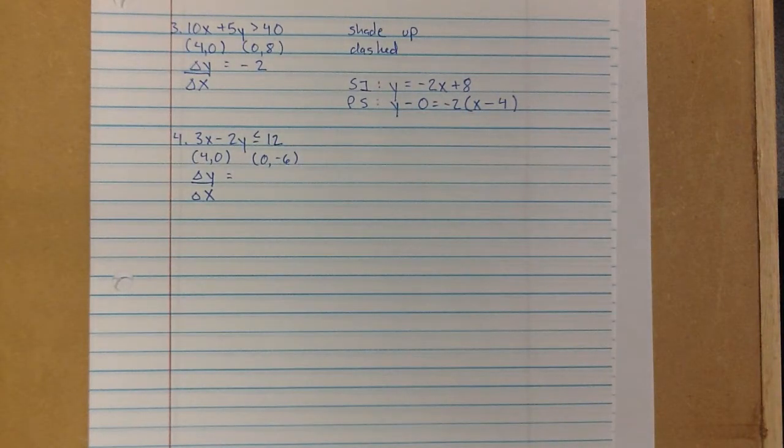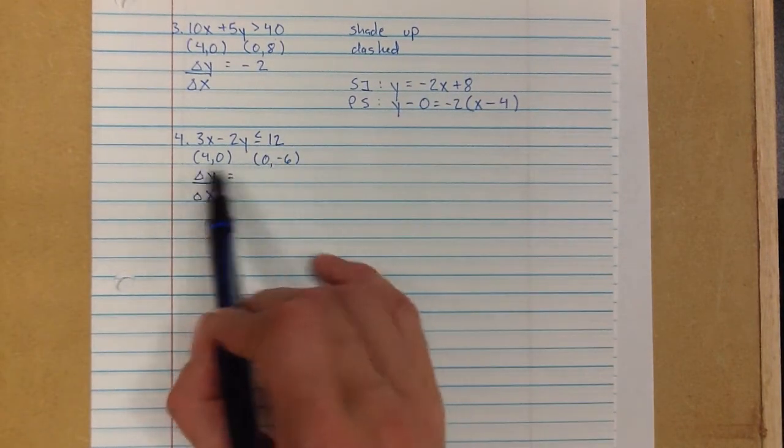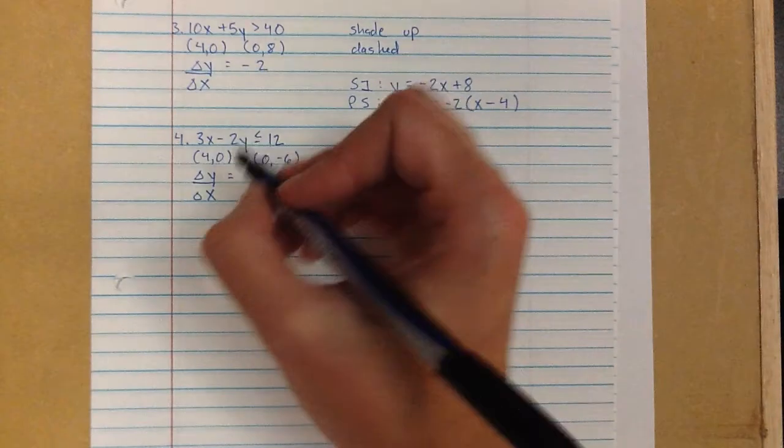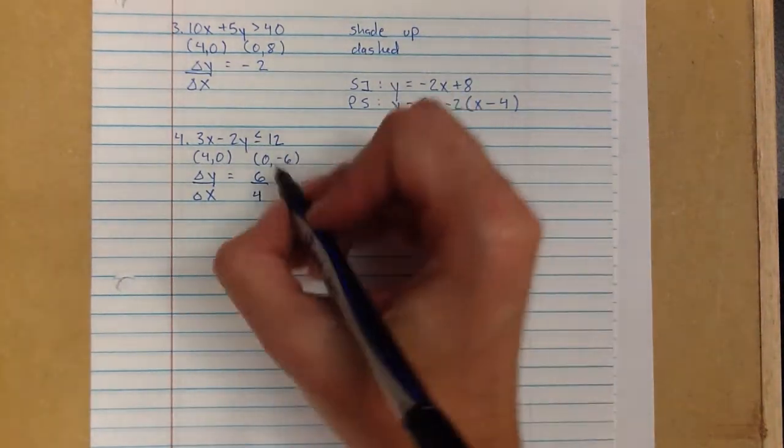Slope's not 0. Three halves. Do you know where that comes from? Yes or no? Yes. We got both. Okay. So what I'm doing is I'm using these numbers. I have 6 and 4.